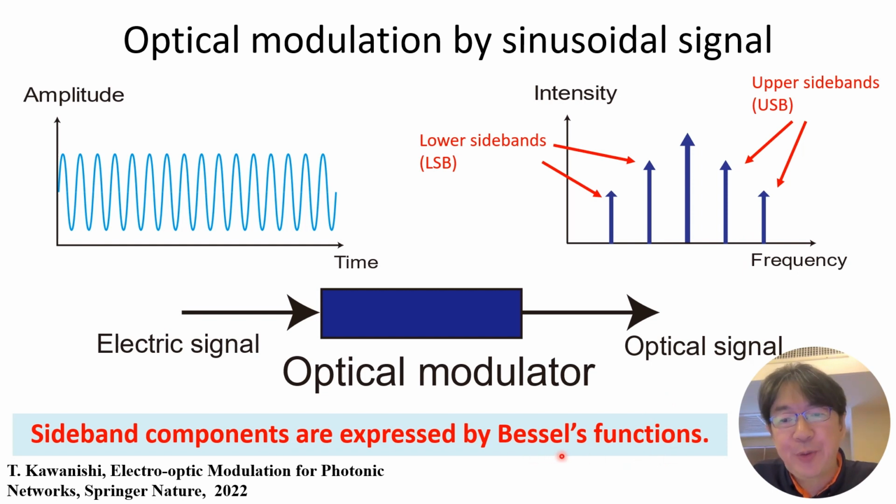If we want to check the details, please refer to this book, as I mentioned. In the Bessel functions expression, we have many sideband components like this. If the modulation signal intensity is very large, we have a number of sideband components.